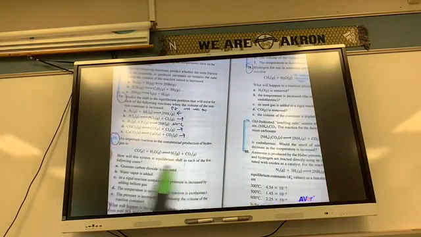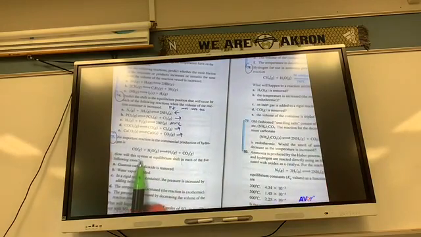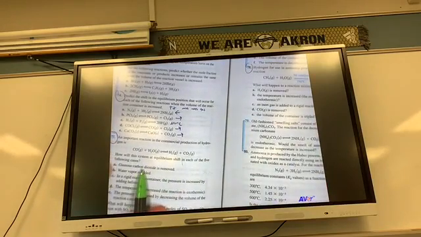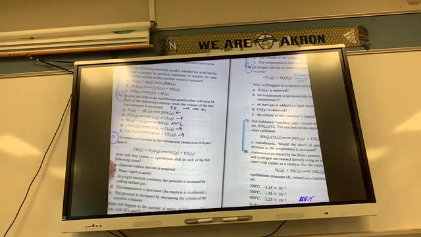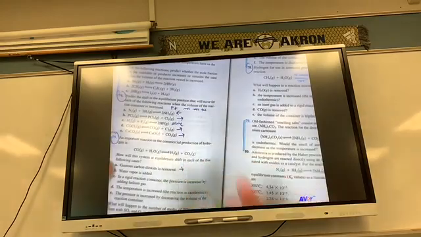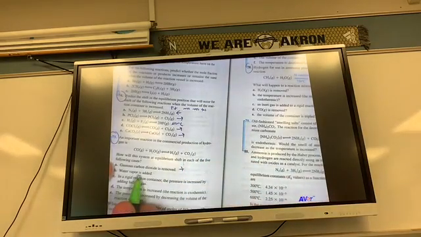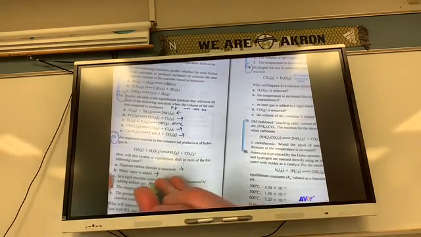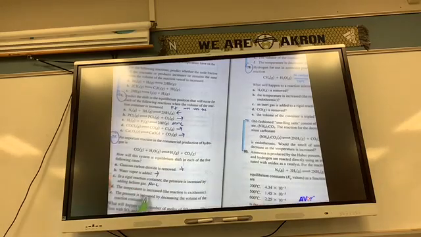Here we go. 75. How will this system at equilibrium shift in each of the 5 following cases? CO2 is removed. Well, on this one, if I remove CO2, CO2 is a product, so right. Water vapor is added, that's a reactant, so right. In a rigid reaction container, the pressure is increased by adding helium gas. Helium is inert. None. D, the temperature is increased. The reaction is exothermic.